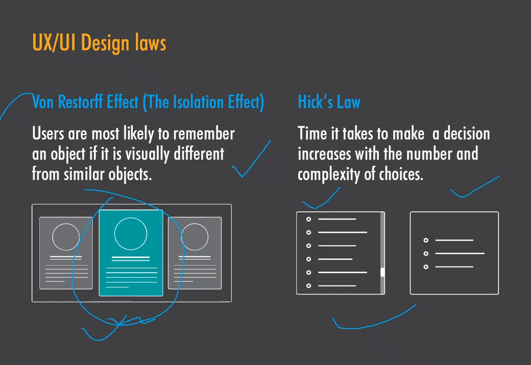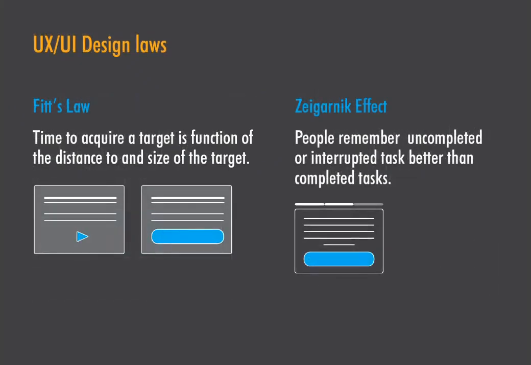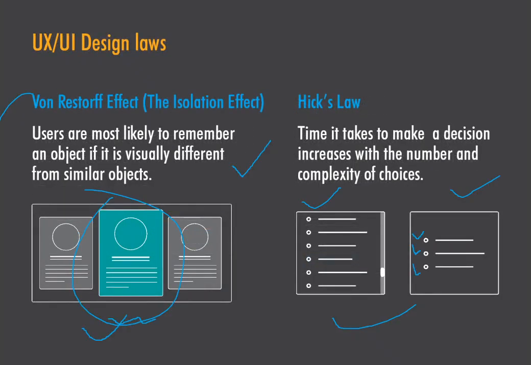This one or this one? Definitely the second one, wouldn't it? Definitely the second one is easiest to choose. It takes no time. No need of scrolling up and down. Looking for the right answer.